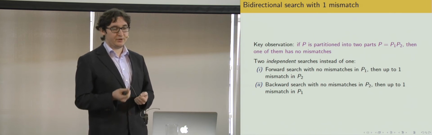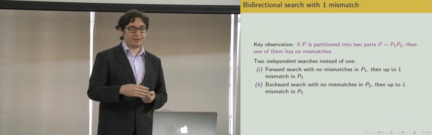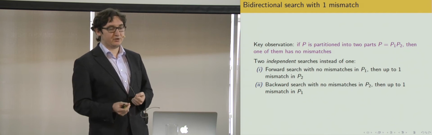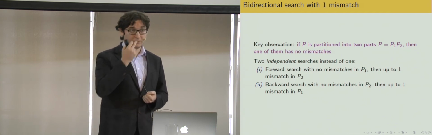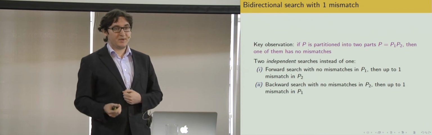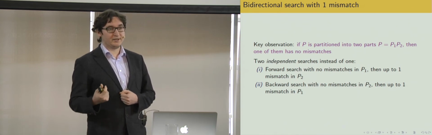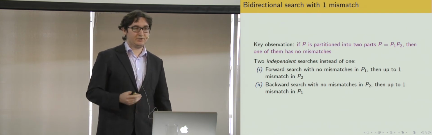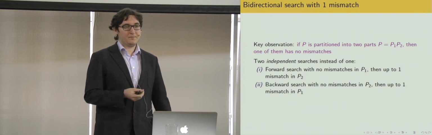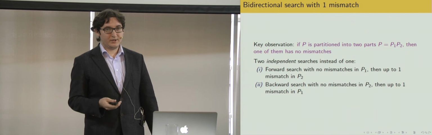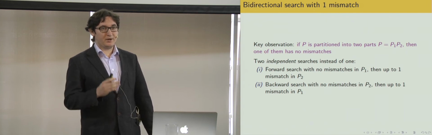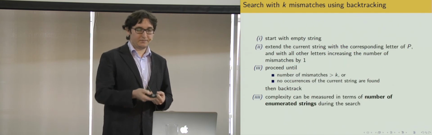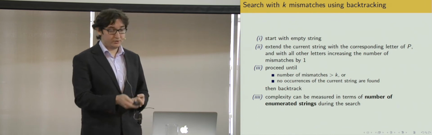One of them starts with an exact matching of the first part in the forward direction, and then extends it by characters of the second part, allowing one mismatch. And the second search is a backward search, when you start with the exact search of the second part and then extend it to the left in a backward way by characters of the first part, again allowing one mismatch. This can really improve the efficiency compared to the one straightforward search.